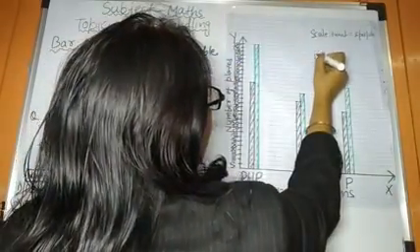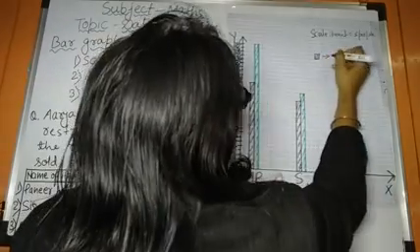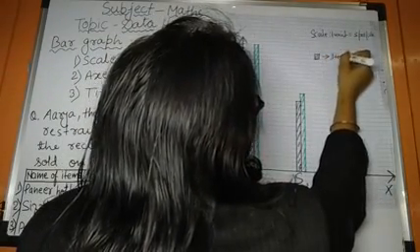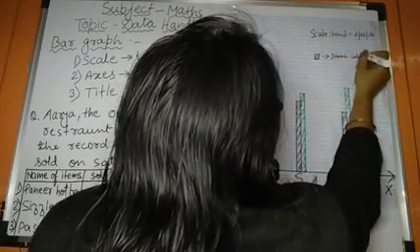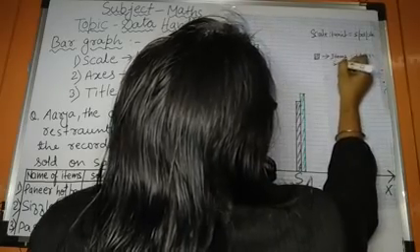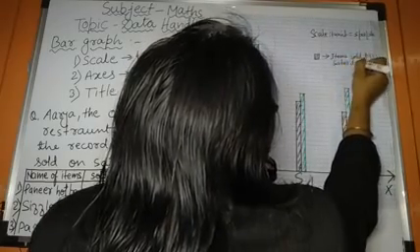And one more thing that is very, very important: you will make a black box and write items sold on Saturday. Fine.